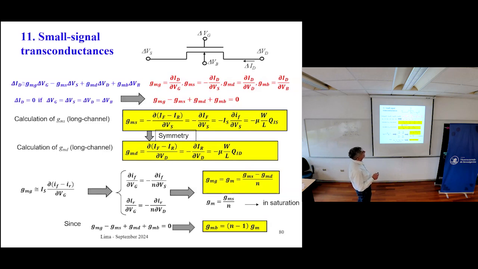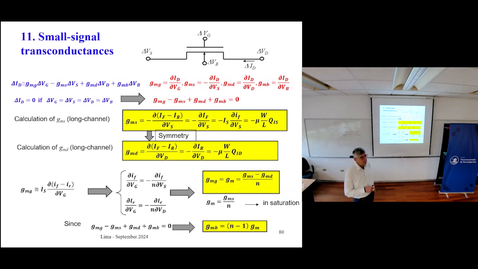GMS, there is a minus here. The reason for that is that the drain current decreases with the increase of the source voltage. That's the reason why there is a minus.